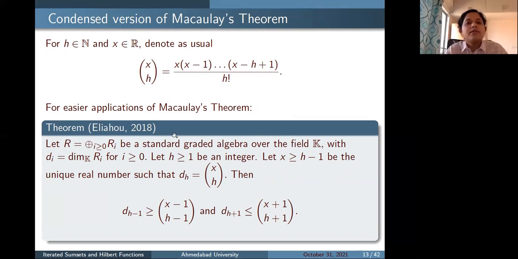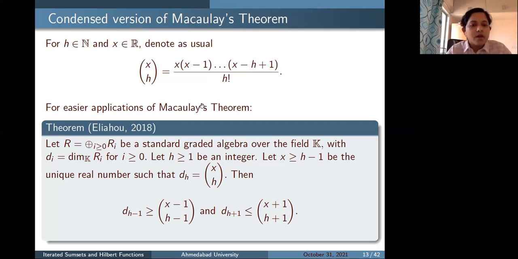So here, suppose I have a natural number h, and let's say I'm taking a real number x. Then here we are denoting by binomial (x choose h) the real number which is x times (x minus 1) up to (x minus h plus 1), divided by factorial h.